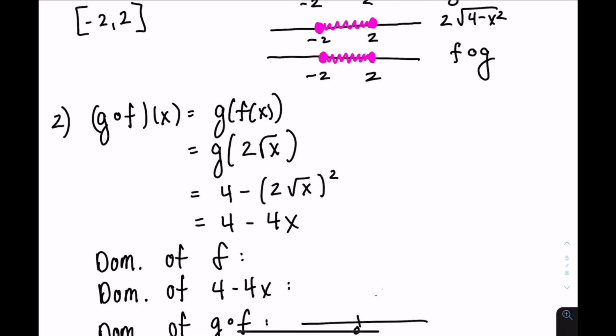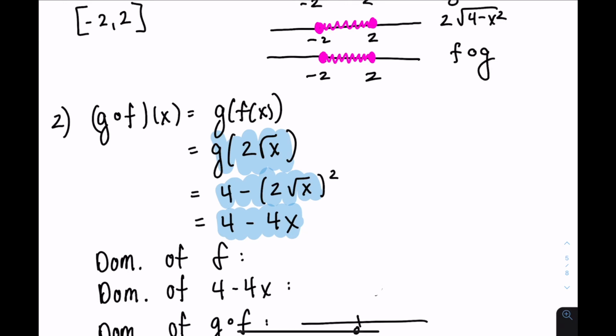So this is where it gets important to care about that inside function. You need to make sure at every step along the way you're picking values of x that work for every single one of these equal signs. So although this end expression looks like I can plug whatever I want into it, I can't here and I can't here. So I still have problems when x is a negative number.